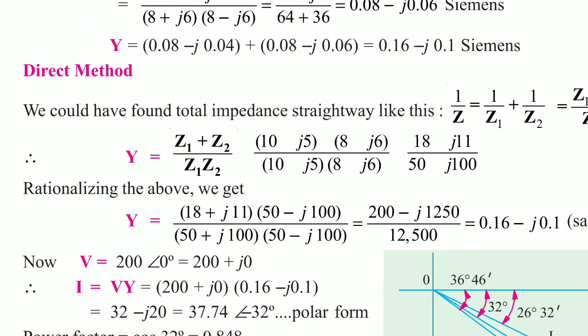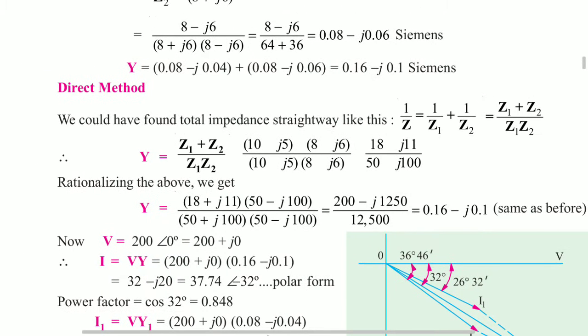So now, by the direct method, we could have found the total impedance straightaway like this. So 1 by Z is equal to 1 by Z1 plus 1 by Z2. That is equal to (Z1 plus Z2) divided by Z1 Z2.